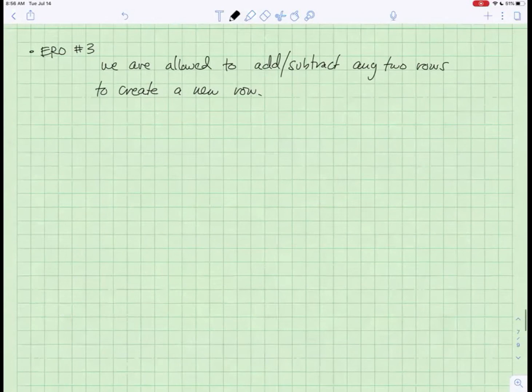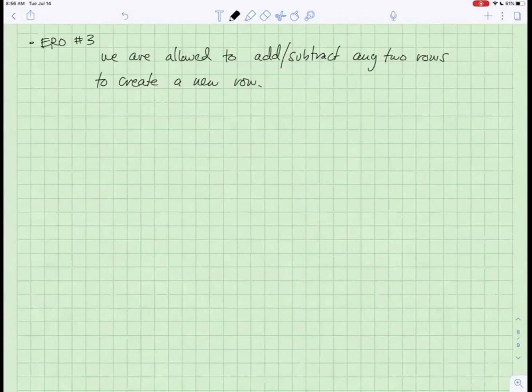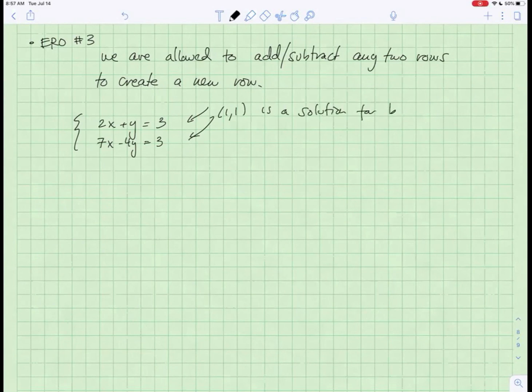So let's see here. If we have something like 2x plus y equals 3 and 7x minus 4y equals 3, we'll note that 1 is a solution for both rows, right? 2 times 1 plus 1 is equal to 3, and 7 times 1 minus 4 times 1 is equal to 3.